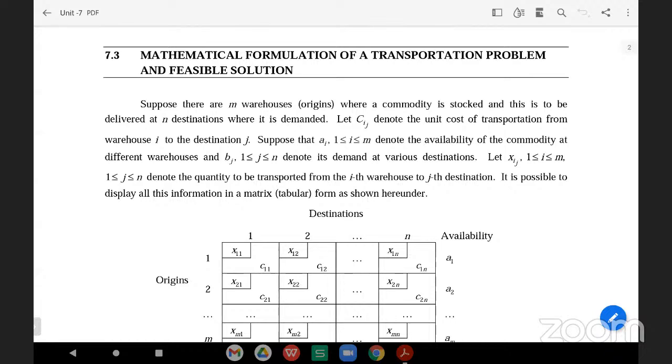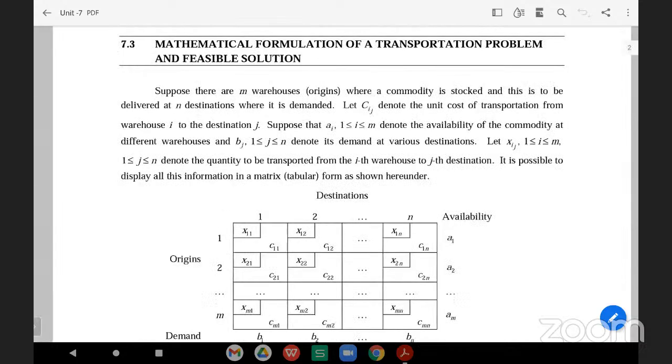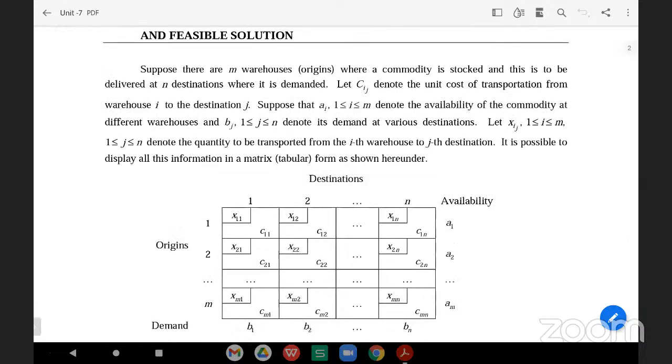Now, first, you can easily understand this table. Here, this problem is called the warehouse problem. Transportation problems all come under warehouse problems only.